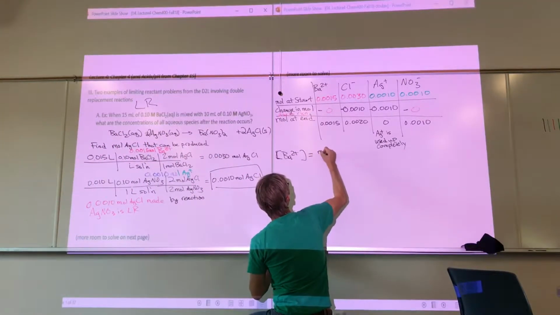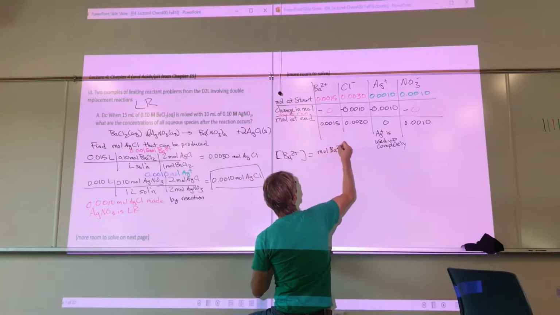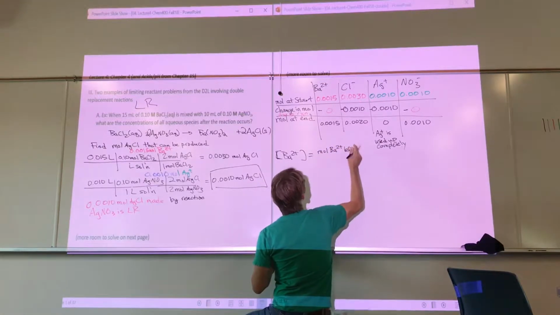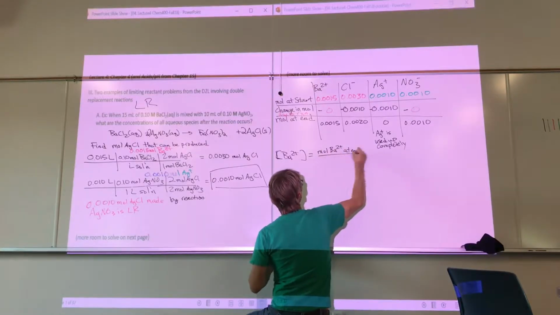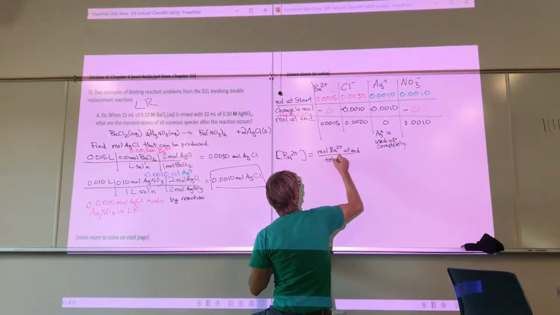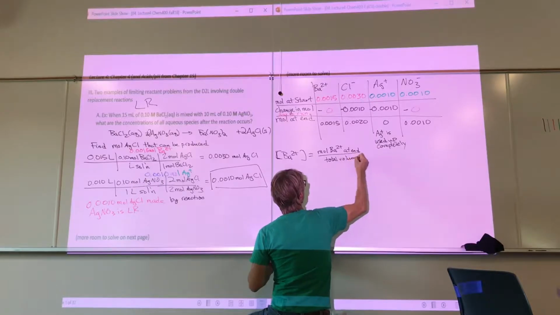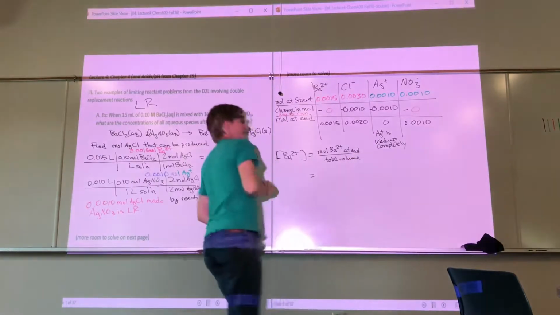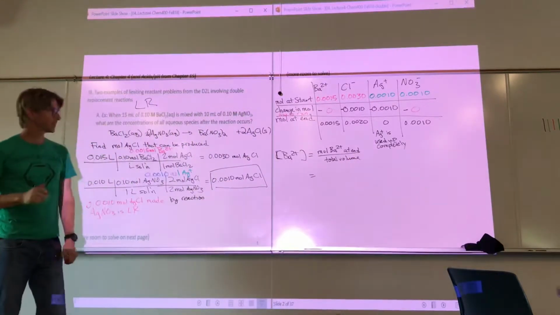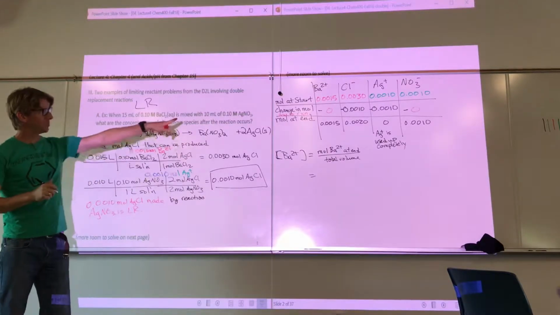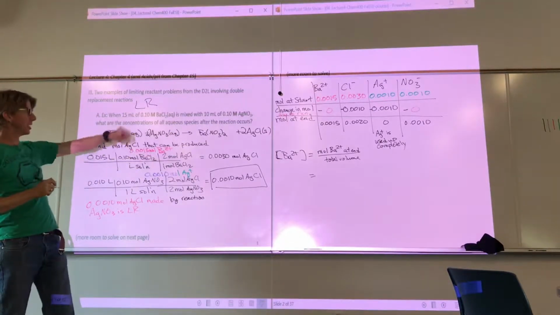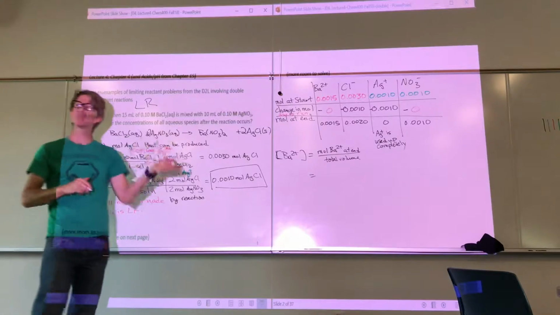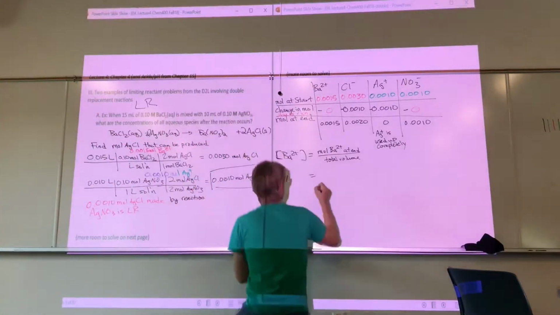So moles barium left over, or at end, divided by total volume, and I have my moles there at end, and my total volume is going to be 25 milliliters, 0.025 liters.